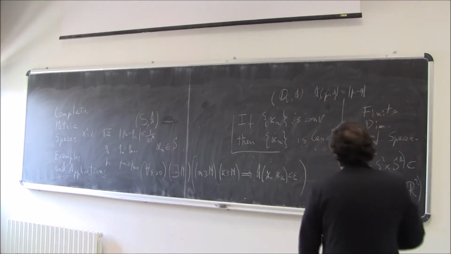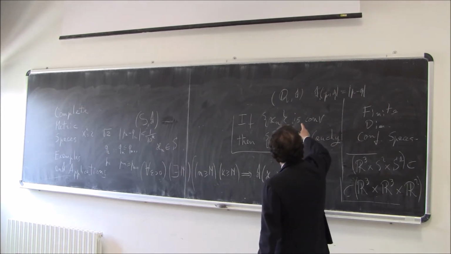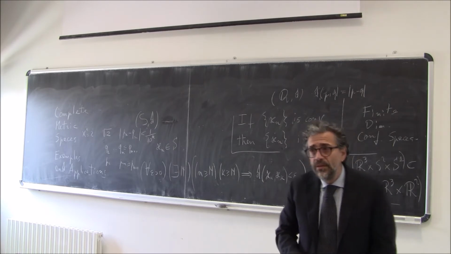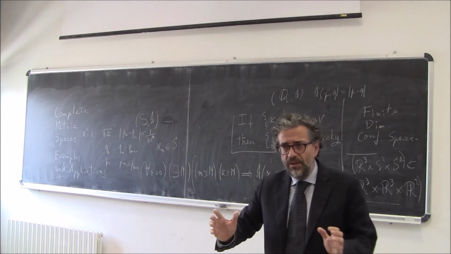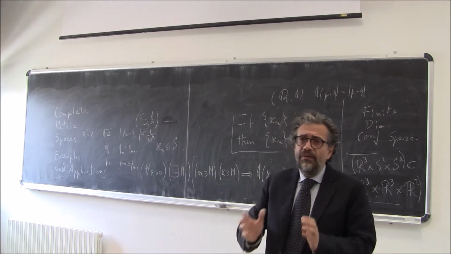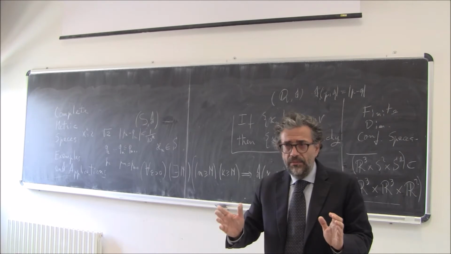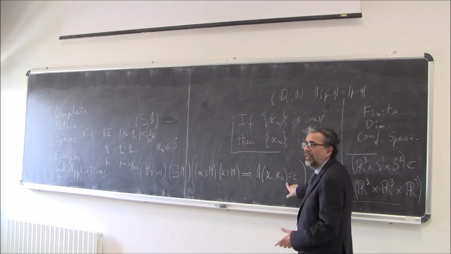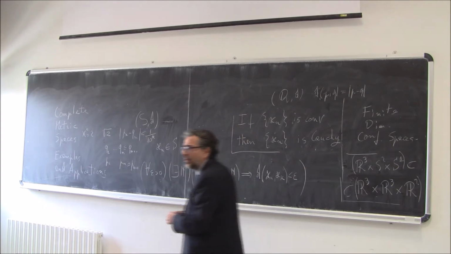We call a complete metric space a space such that xn is converging if and only if xn is Cauchy. So usually the set of converging sequences is smaller than the set of Cauchy sequences. If a metric space is complete, then the two concepts coincide. Okay? So to know this implies that there is a limit of the sequence.